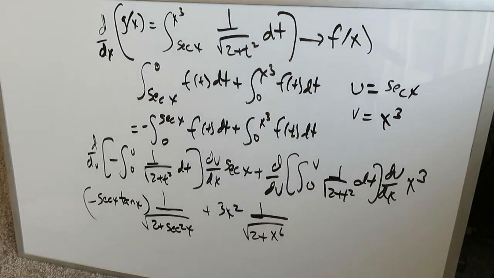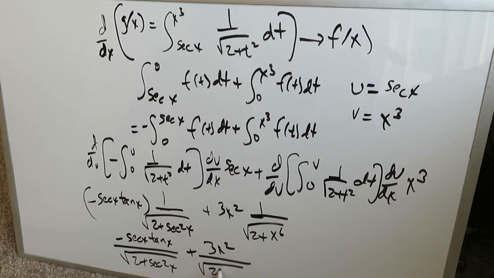If we want, we can write everything more cleanly by eliminating these 1 over parts, and we can do minus secant x tan x over square root of 2 plus secant squared x, plus 3x squared over square root of 2 plus x to the 6th. You could have written this positive part first followed by the minus.